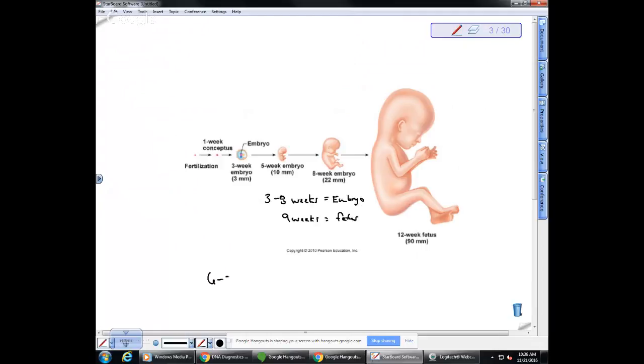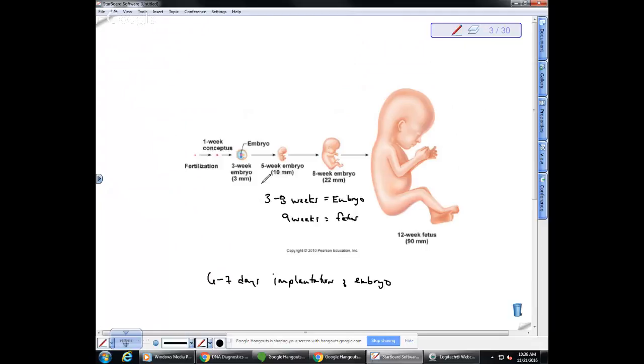So those 6 to 7 days, that would be the conceptus, which is really just floating around in the female's reproductive tract prior to being implanted.